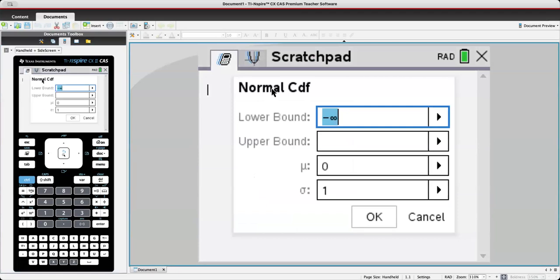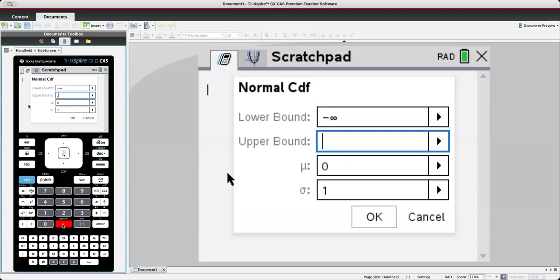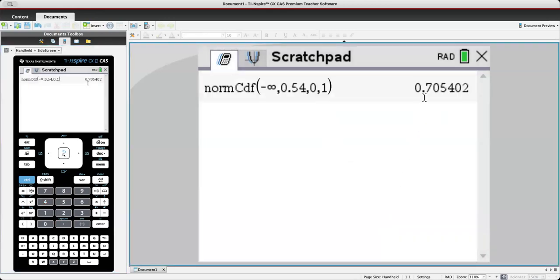And then it's going to prompt you for those values. So the lower bound was -infinity. The upper bound in this case was 0.54. Make sure you get the decimal there. And then the standardized default is going to be mu of 0 and sigma of 1. So I'm going to hit OK. And then it tells me 0.705.